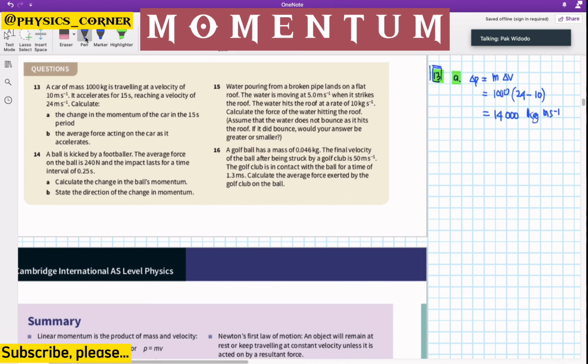Okay, one more question, question B: the average force acting on the car as it accelerates.